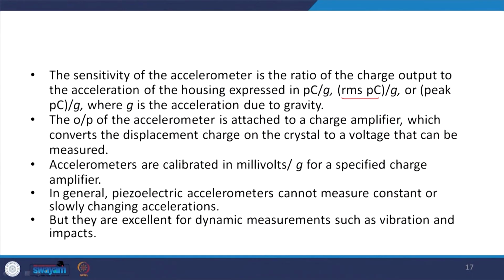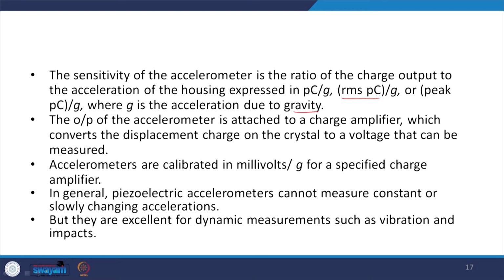Now, the sensitivity of the accelerometer is defined as the ratio of the charge output to the acceleration of the housing, expressed in picocoulomb per G, either as an RMS value or as a peak value, where G is the acceleration due to gravity.